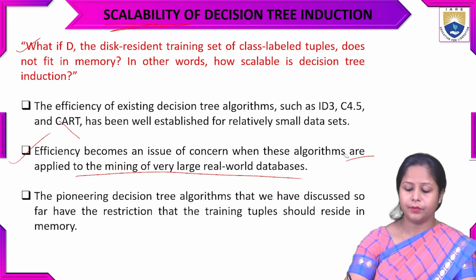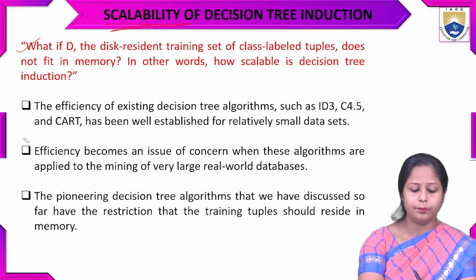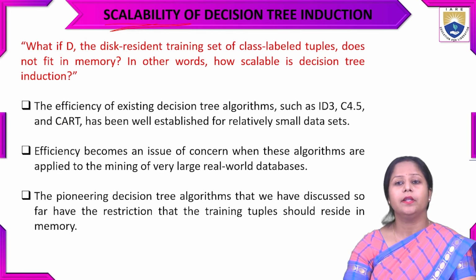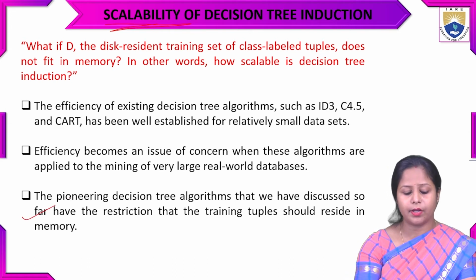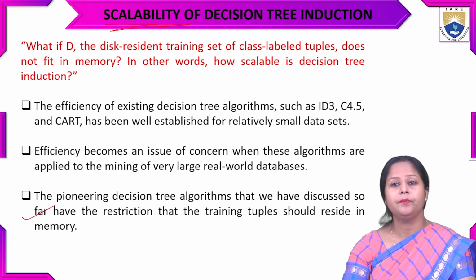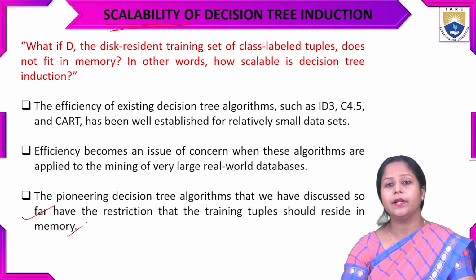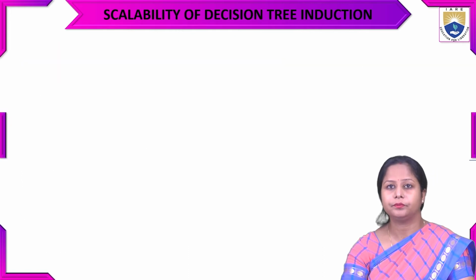Then scalability comes into the picture. The pioneering decision tree algorithms that we have discussed so far have the restriction that the tuples should reside in the memory.